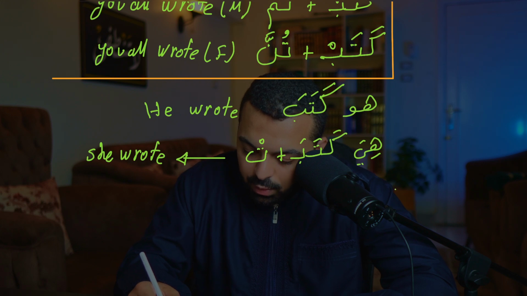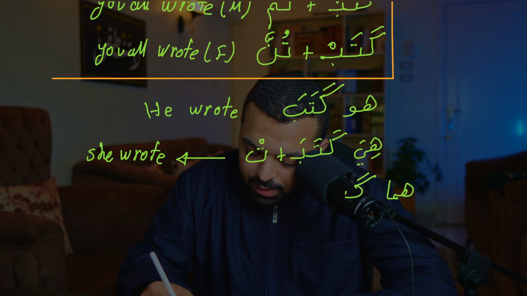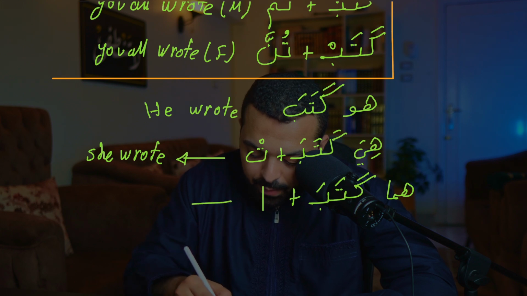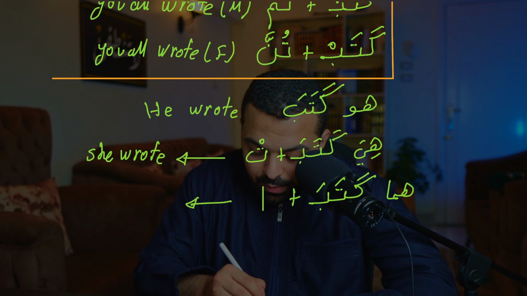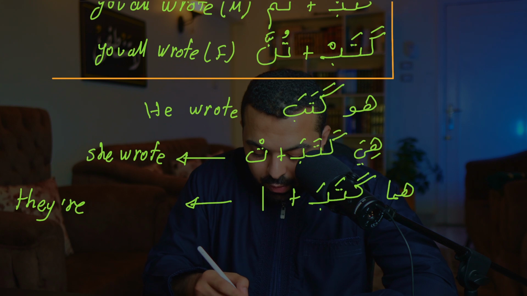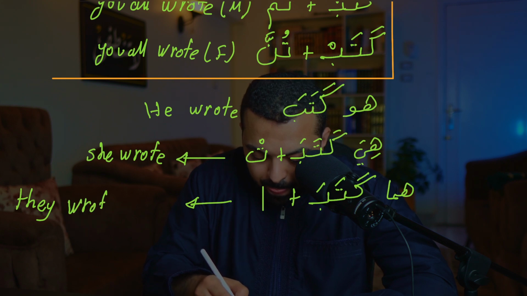What about the dual? هما. You say ka, ta, plus alif. هما كتبا. That means they wrote, for dual.